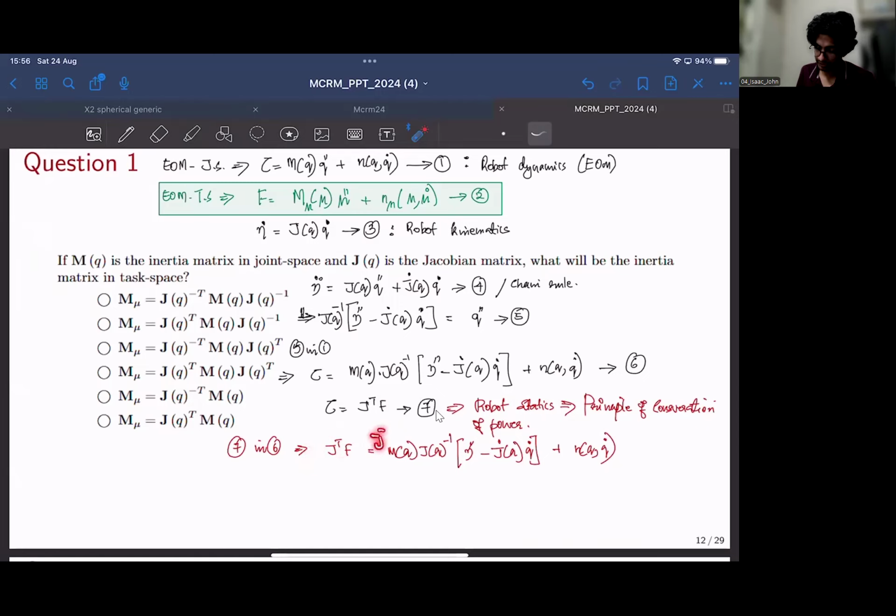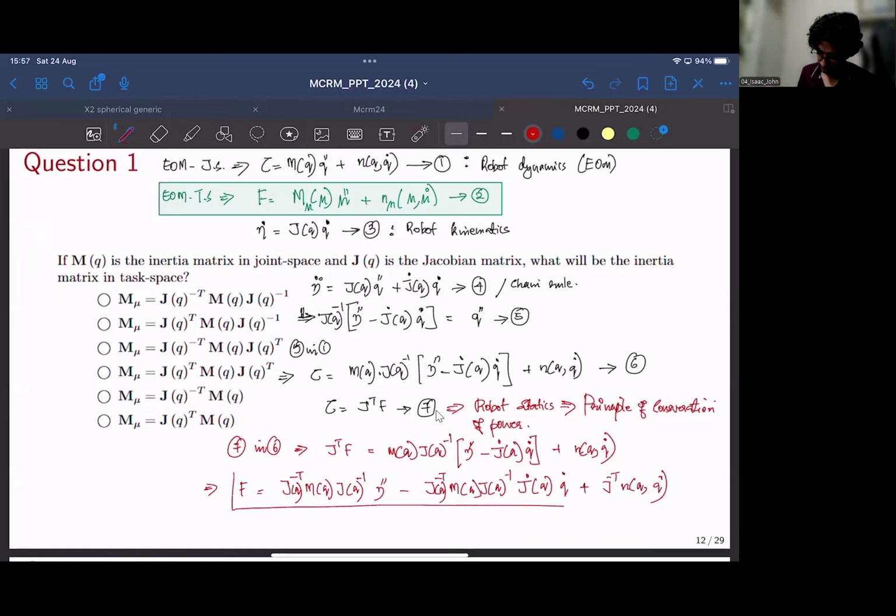Multiplying with J inverse transpose here, you get the resulting equation: F would be J inverse transpose M of Q, J of Q inverse eta double dot, minus J inverse transpose M of Q, J of Q inverse J dot of Q, Q dot, plus J inverse transpose N of Q, Q dot.